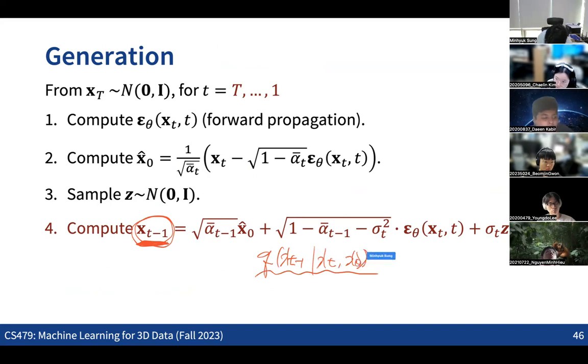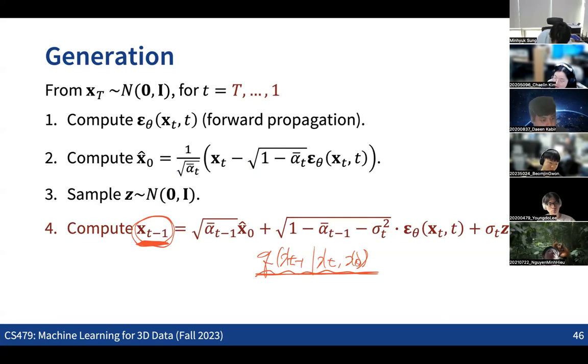We are changing this distribution into the new formulation, so that's why we make changes in how we calculate xt minus 1. But the rest of the generation process is exactly the same as DDPM.